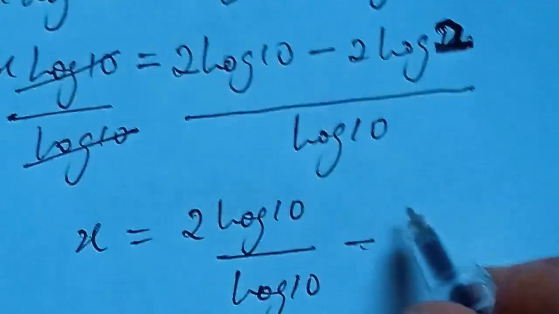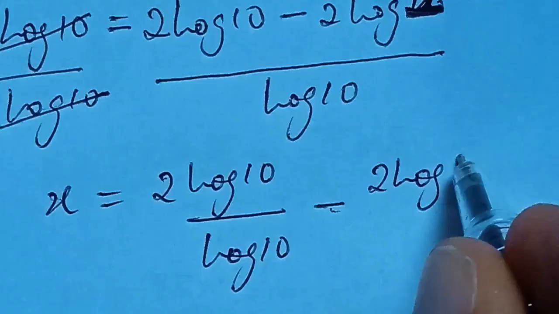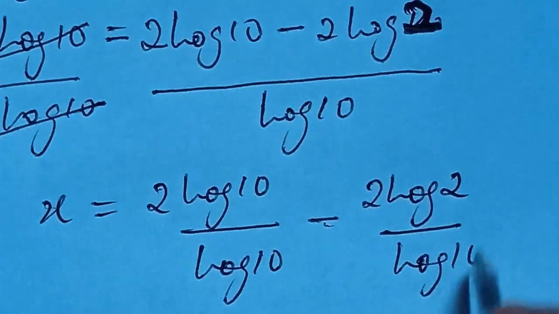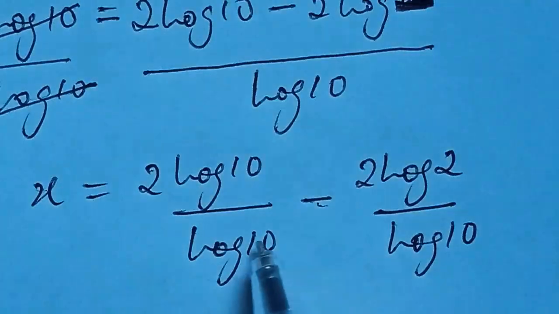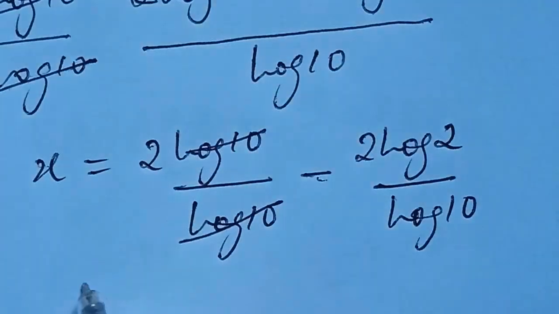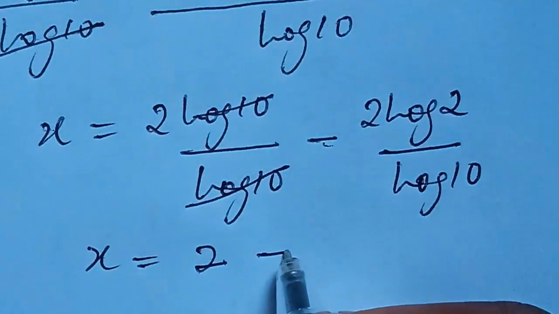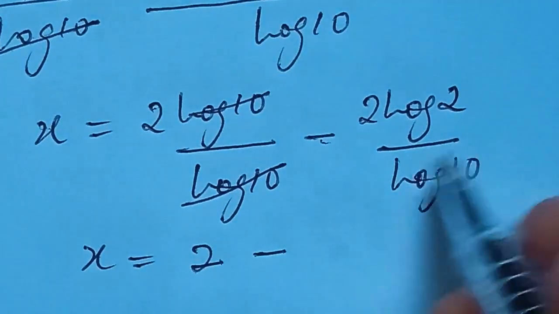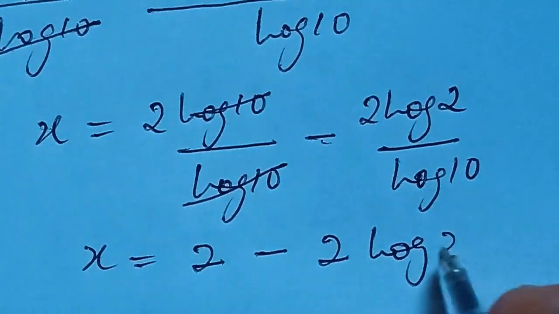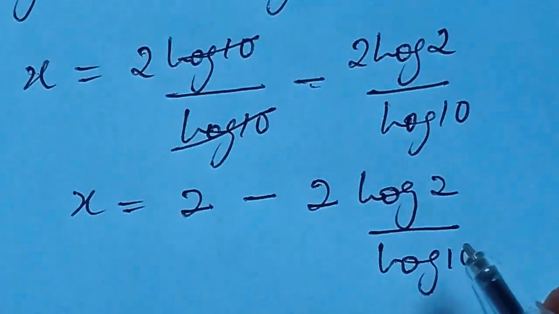Now from the right hand side, we can rewrite this as 2 log 10 over log 10 minus 2 log 2 over log 10. So over here, this can cancel out with this as well, and we are left with x equal to 2 minus the whole of this, which is given as 2 log 2 over log 10.